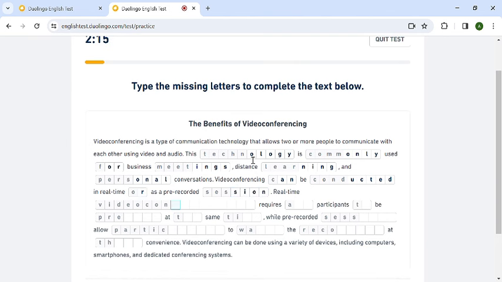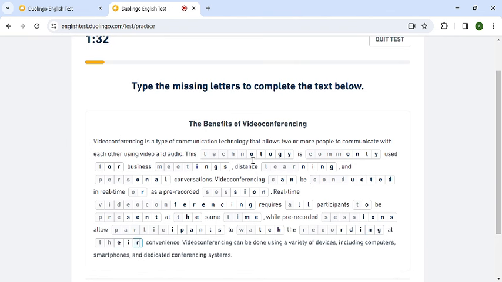Real-time video conferencing requires all participants to be present at the same time, while pre-recorded sessions allow participants to watch the recording at their convenience.